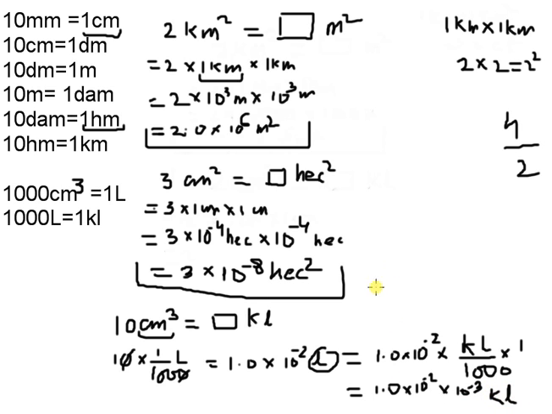So that becomes 1.0 into 10 to the power minus 5 kiloliters. In the same way you can convert any unit of cube into any other unit of cube.